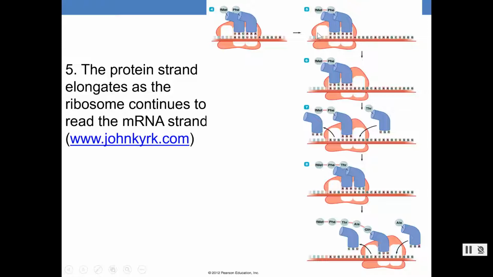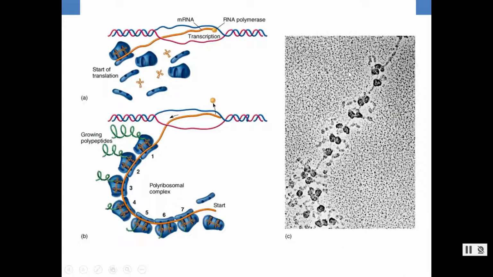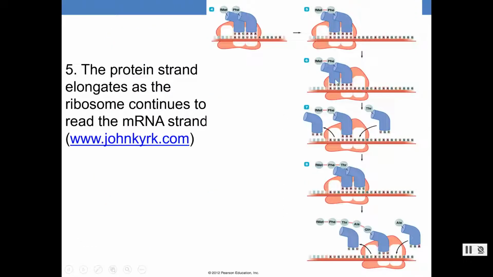Here, everything kind of shifts over. Everything kind of shifts over, and you can see the tRNA that originally brought in methionine is now in the E exit window. The tRNA that now has the growing polypeptide chain has moved into the P window, and my A window is now open.